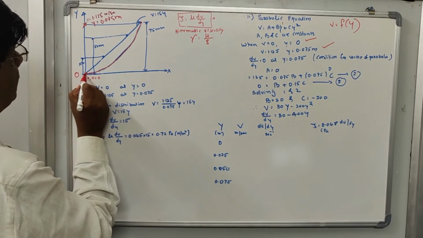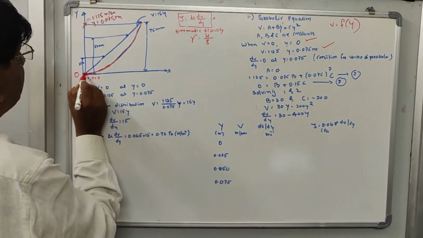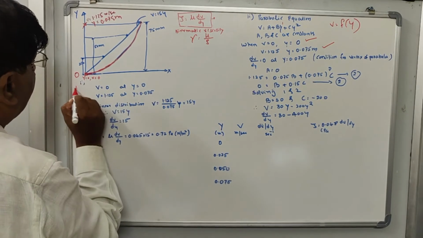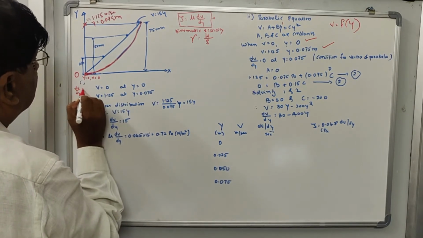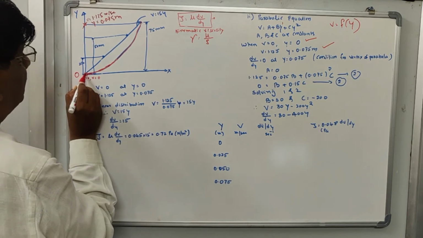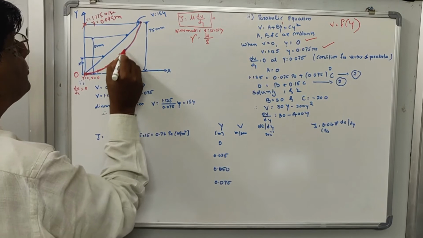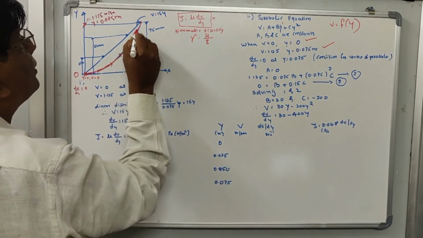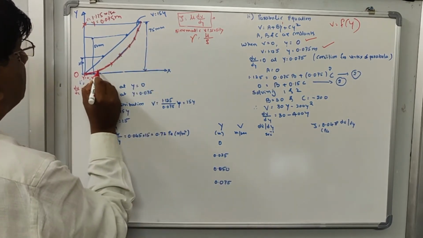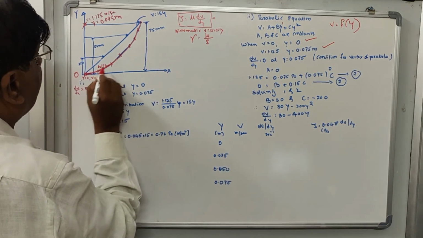Now the second relation concerns dv by dy, the variation of velocity. The variation of velocity, dv by dy, is equal to 0 at the vertex. This is called the variation of velocity, dv by dy.